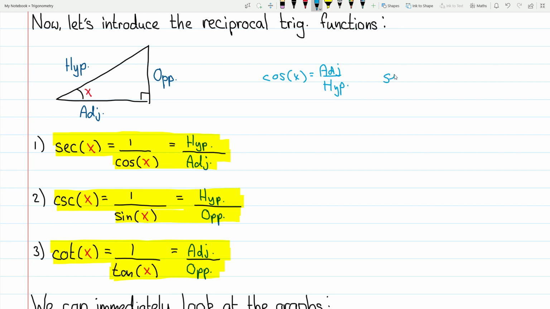And so what the reciprocal trig functions do is they do it the other way around. So the hypotenuse divided by adjacent, which is actually equal to 1 over adjacent divided by hypotenuse. And this is, of course, equal to 1 over cosine.